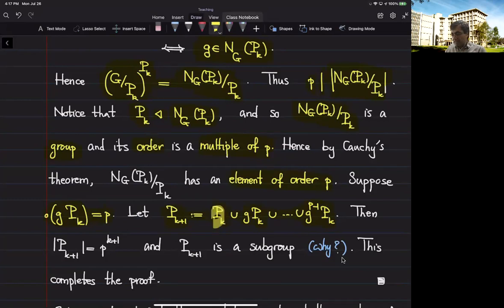So I have P cosets that are distinct, they are disjoint, and each one has cardinality P to the k. Altogether, we get P to the power k plus 1 points.